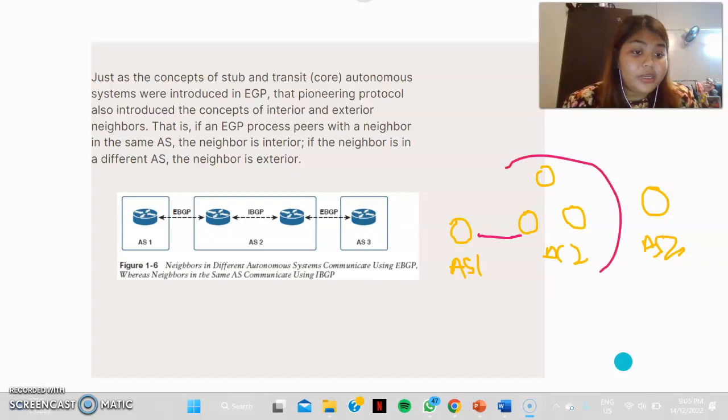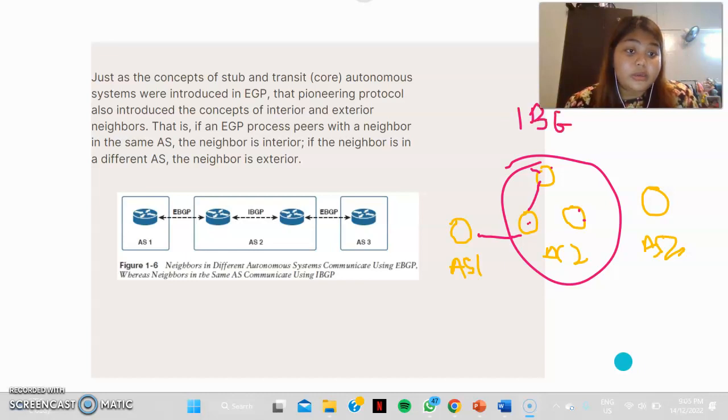But if this happens inside AS2, the packet from here to here, or here to here, we call it IBGP because it happened within the network. And here to here, still eBGP.